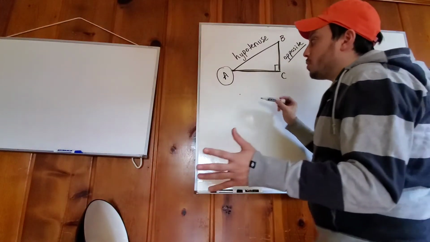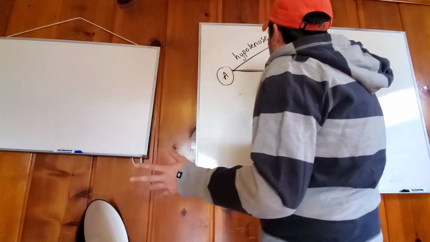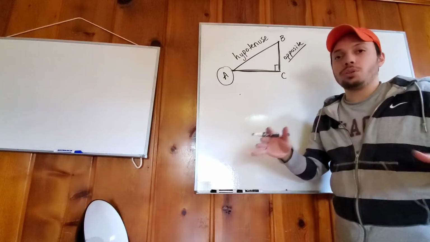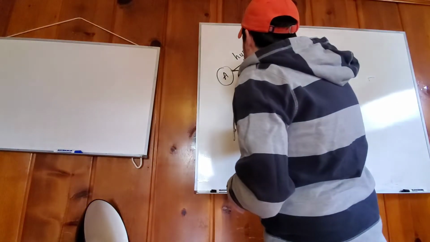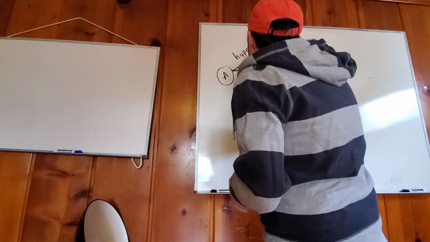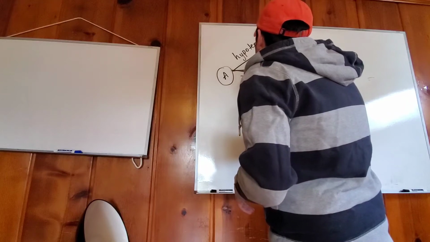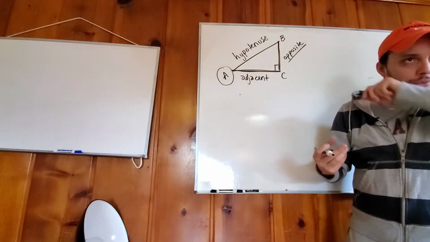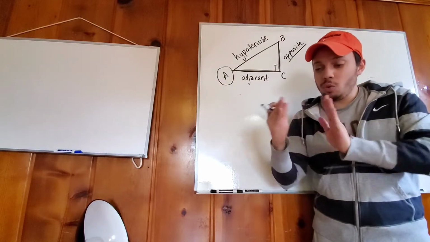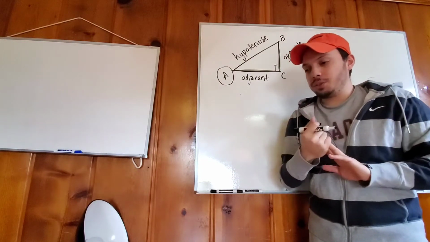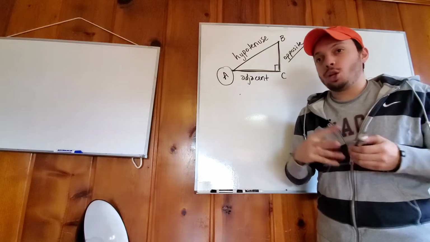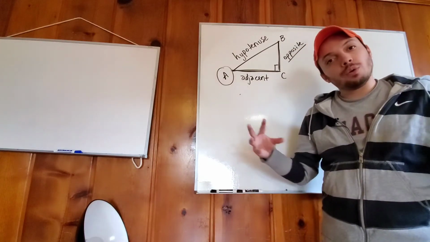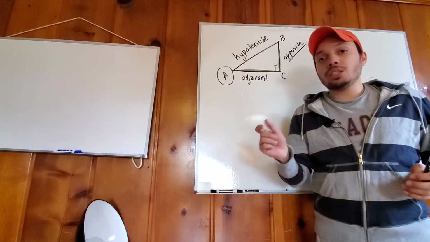Now we're going to talk about angle A and this side AC, because they're next to each other, and yet in math we don't say next, we say adjacent. The best example I can give you about adjacent is right next to each other, close, like the desks in your classroom. The way they were connected, they were adjacent.